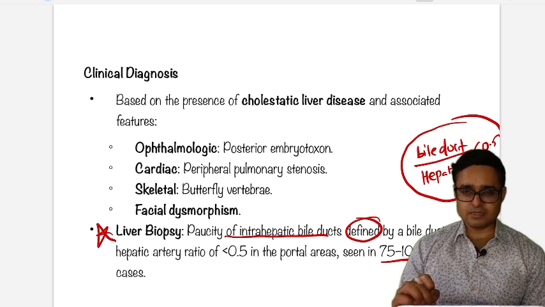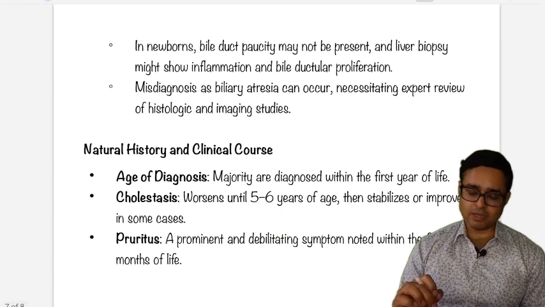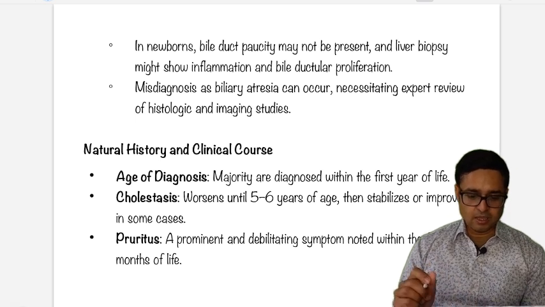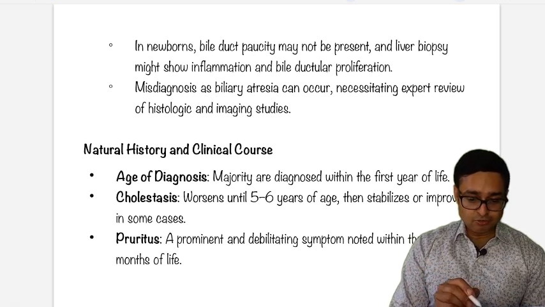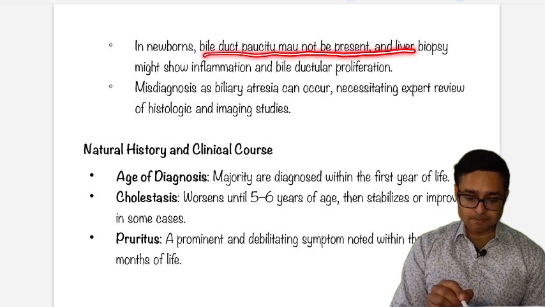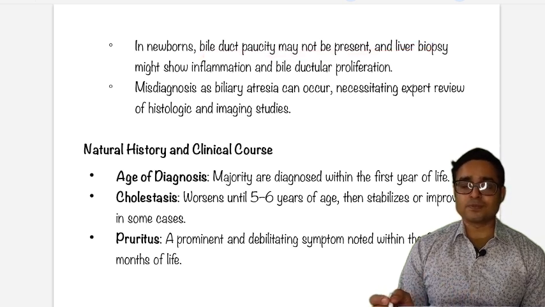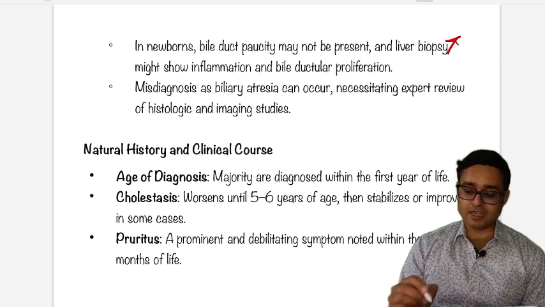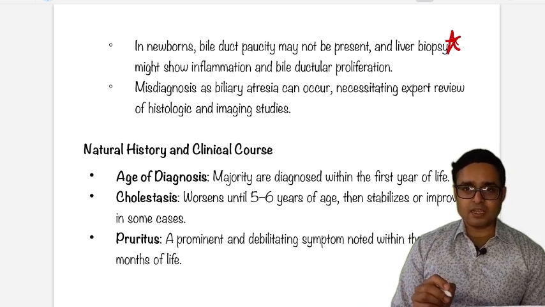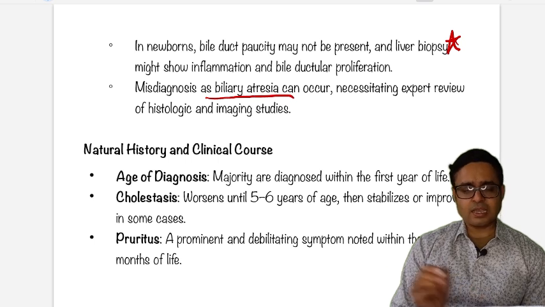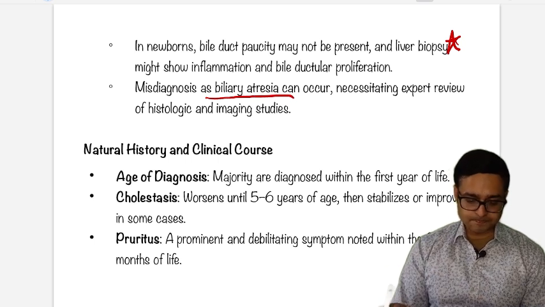So this is pathognomonic of Alagille syndrome. The point to be noted is that in the newborn, bile duct paucity may not be present and the liver biopsy may be normal. This is again a pitfall in the newborn. Misdiagnosis of biliary atresia can occur. That is the common thing.